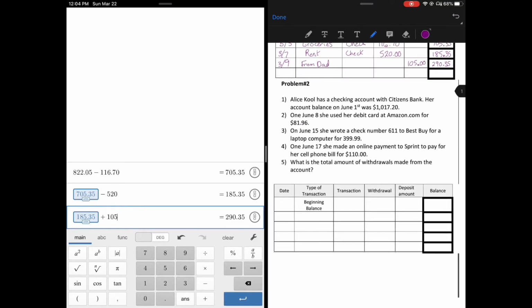And then we'll move on to problem 2. Problem 2 says that Alice Cool has a checking account with Citizens Bank. Her account balance on June 1st was $1,017.20. And then our date, June 1st, would be 6/1.